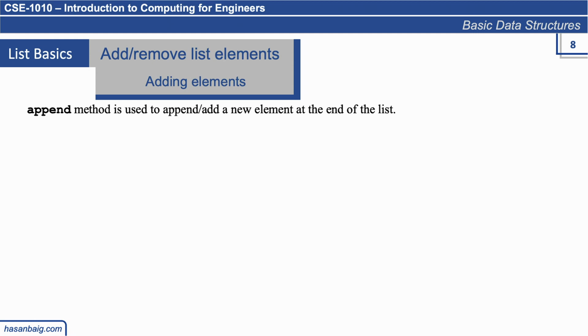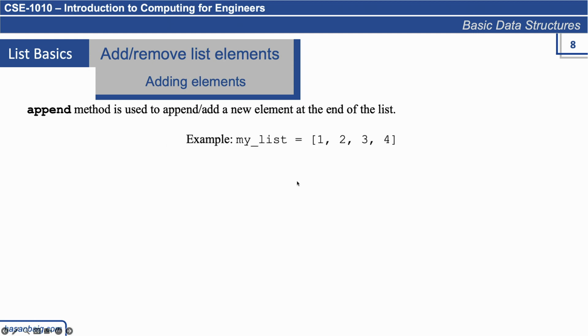The reason why we call it a method I will talk about later, but methods and functions are the same. The append method is used to add a new element at the end of the list. Whenever I want to add a new element, it will only be added at the end of the list when I use the append method.